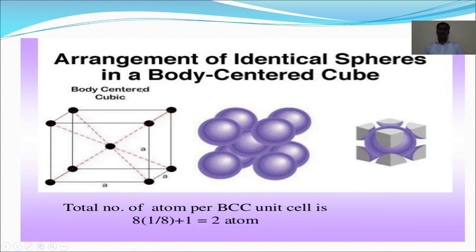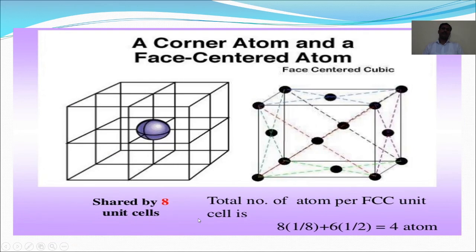For a body-centered cube, there are 8 atoms at 8 corners and 1 at the center. So the total number of atoms per unit cell in BCC is equal to 8 multiplied by 1 upon 8, each atom making a contribution of 1 upon 8, plus 1 at the center, which is equal to 2 atoms.